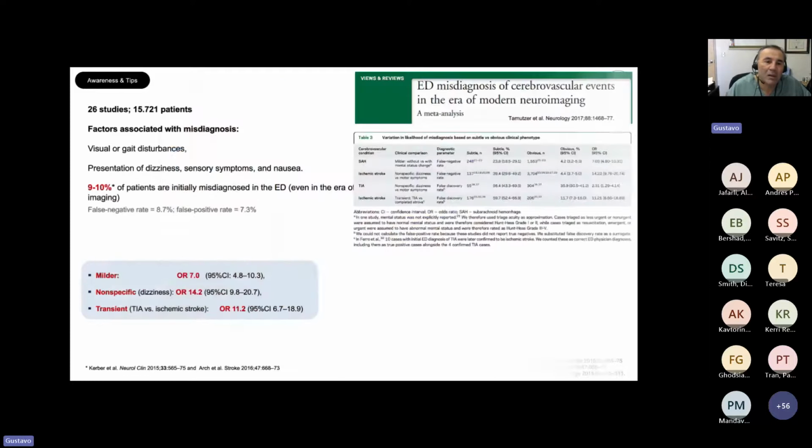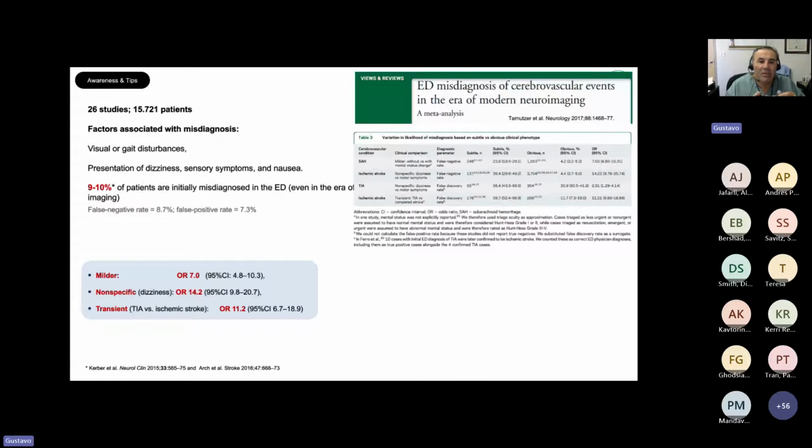The second important concept is related to a previous publication in Neurology a few years ago. The authors did a meta-analysis, including 26 studies and over 15,000 patients, about what were the factors most commonly associated with a misdiagnosis.